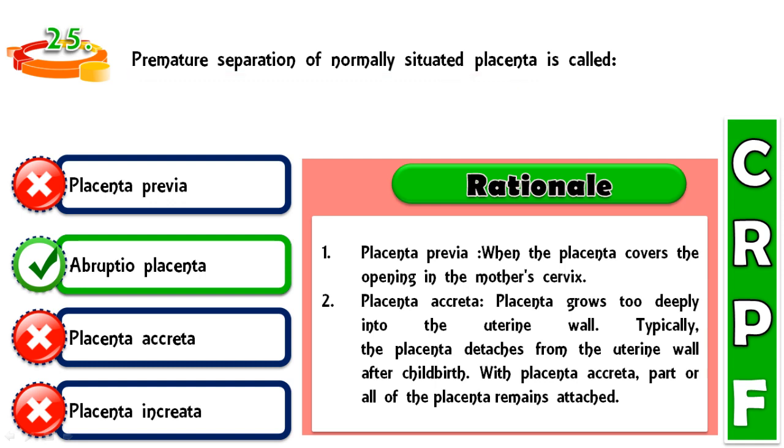The other options are placenta previa, when the placenta covers the opening in the mother's cervix, either partial or complete, with further types. And placenta accreta, where the placenta grows too deeply into the uterine wall. Typically the placenta detaches from the uterine wall after childbirth. With placenta accreta, part or all of the placenta remains attached to the uterine wall.